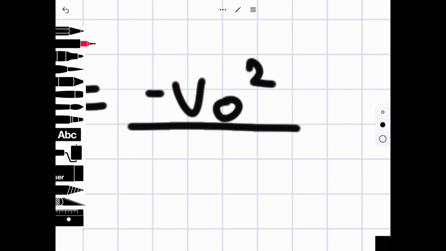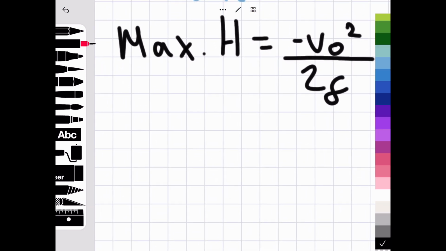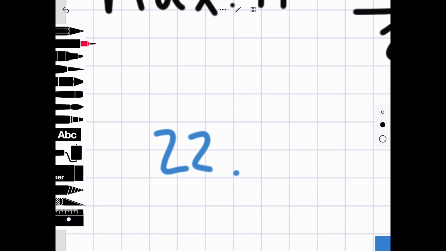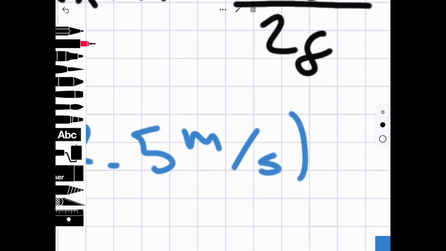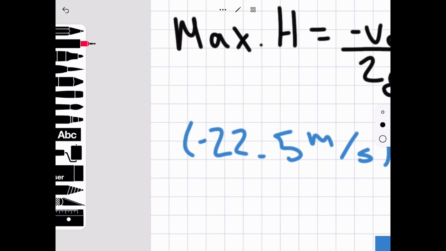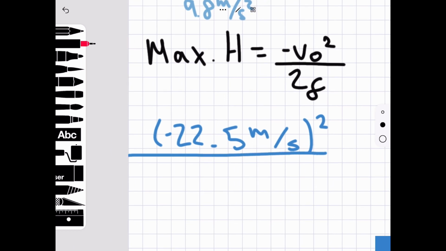Okay, for the second exercise, we need to calculate the maximum height, and the formula is minus final initial velocity squared divided by 2 times gravity, and that is equal to minus 22.5 meters divided by seconds squared divided by 2 plus 9.8 meters divided by second squared.